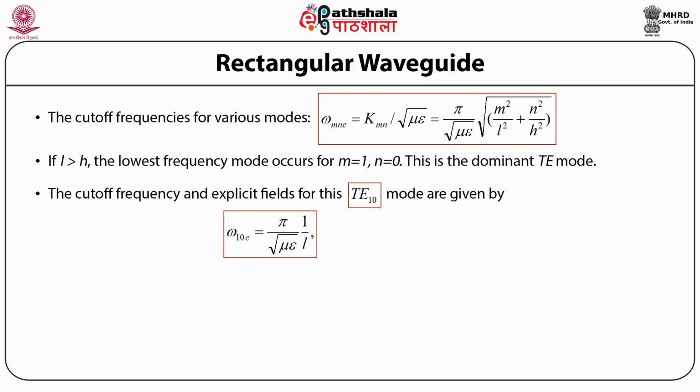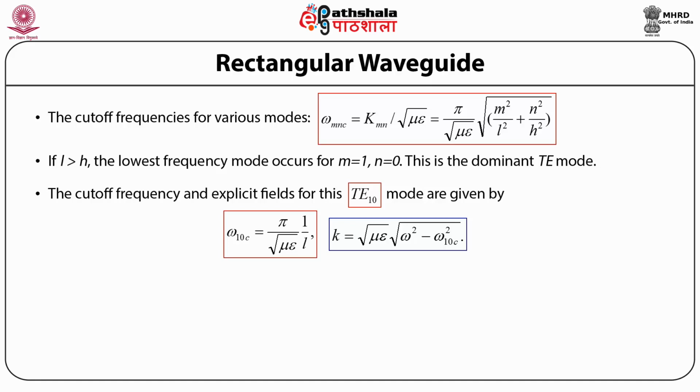This is the equation we obtain by substituting m = 1 and n = 0 in the above equation for omega_mnc. And the wave number k comes out to be k = √(με) times √(ω² − ω_10c²).